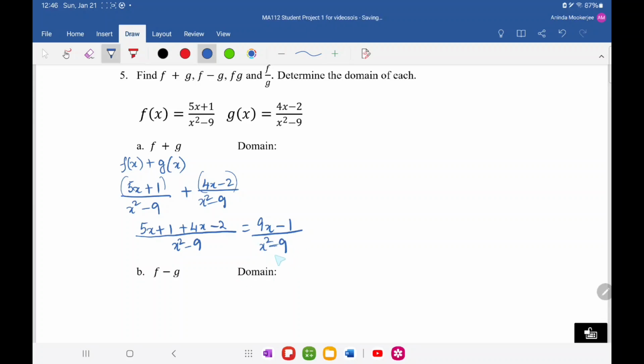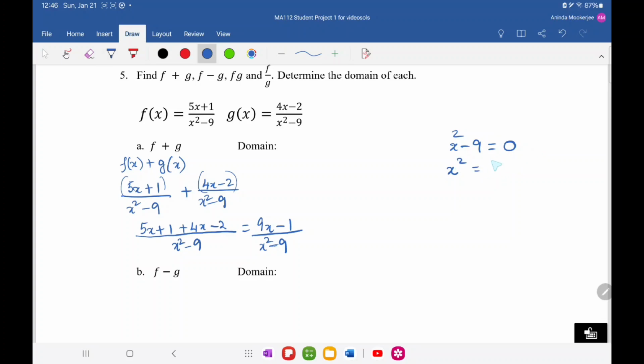The way we find the values to exclude for x is to take x squared minus 9, make it equal to 0, and solve for x to find what value of x would make x squared minus 9 equal to 0.